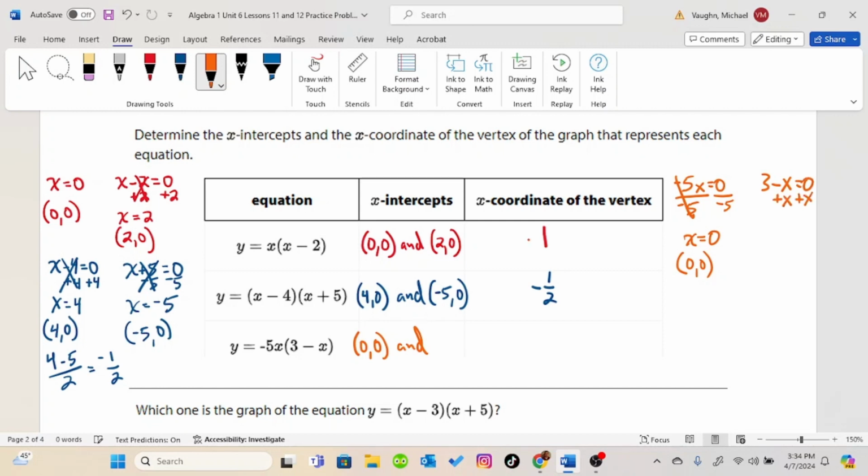Add x to both sides to eliminate it on the left. 3 equals x, so the intercept is at (3, 0). The x-coordinate of the vertex is halfway between. So that means the x-coordinate of the vertex is at 3/2.